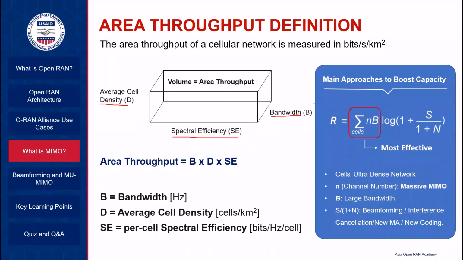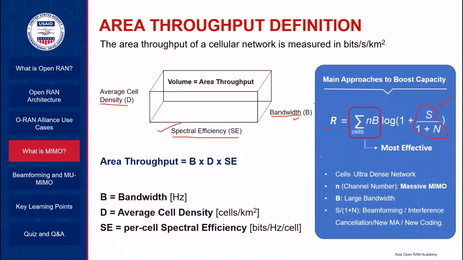Our data rate or capacity is equal to the summation of cells, how many cells we have in that area, multiplied by the bandwidth, with a good signal to noise ratio. When our signal to noise ratio is good, our spectral efficiency will be high, so we have more bits of information that we can send.